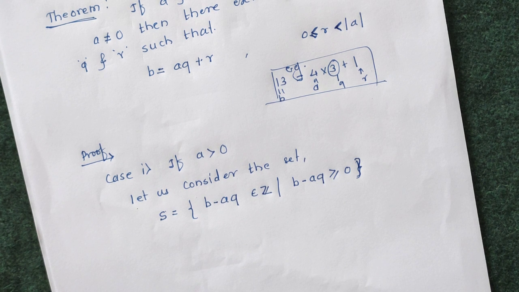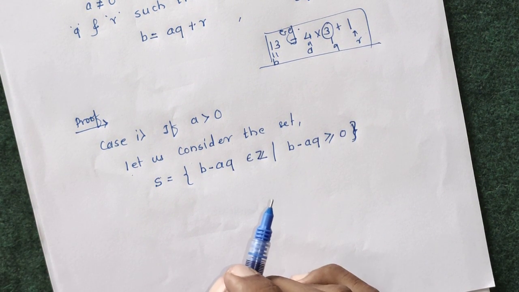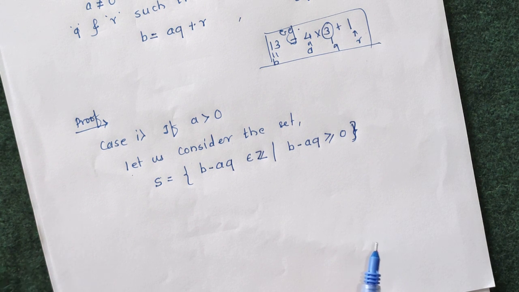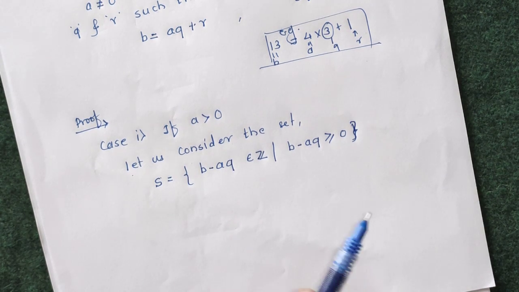Now first of all we will prove that this set is non-empty. After that we will use the well ordering principle, and this set contains some smallest element. The smallest element we are going to call r, and after that we will prove this result.